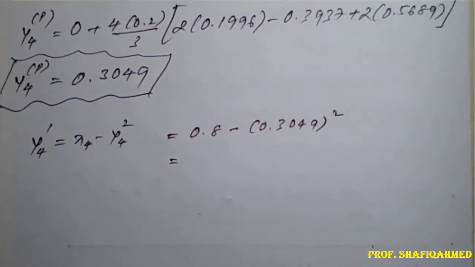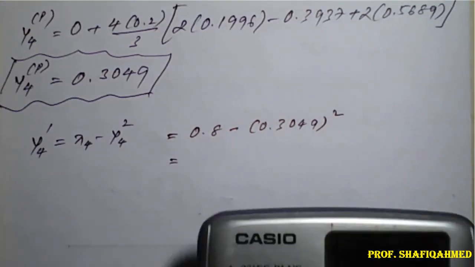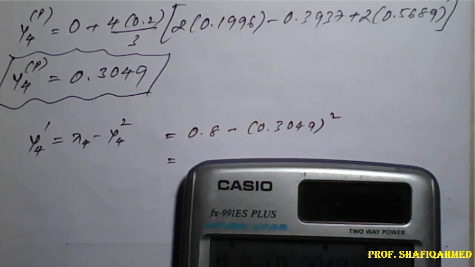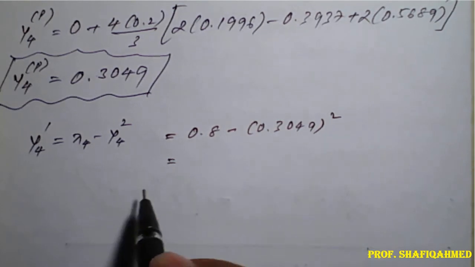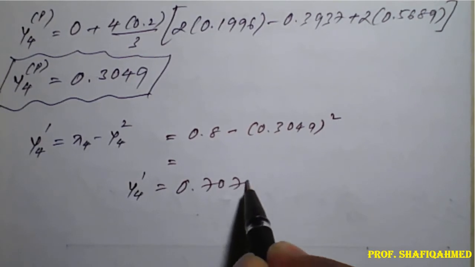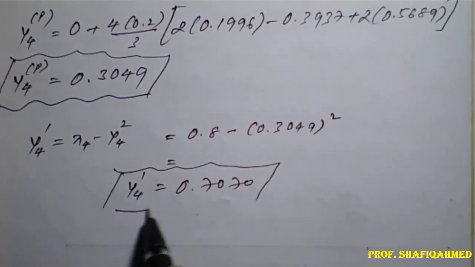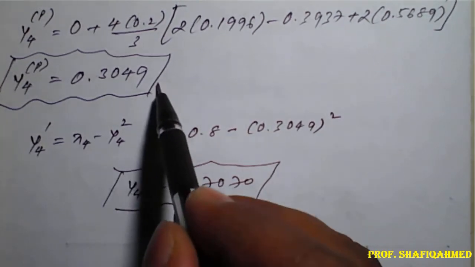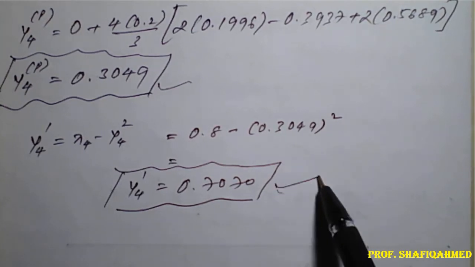On calculating we'll see how much it will be: 0.8 minus bracket 0.3049 square. The result is 0.7070 up to 4 decimal places. So y4 dash is 0.7070. This is all about predictions. So y4 of p we got as the predicted value, and y4 dash also we got as predicted.